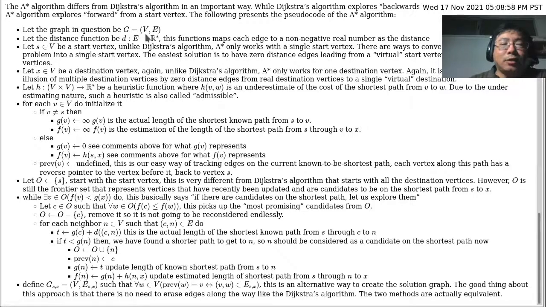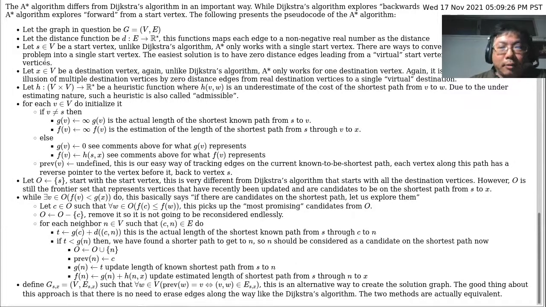And the graph is represented by a set of vertices and a set of edges, okay? Nothing new here. We are also given a function d, which is telling us the distance of an edge. Each item is giving you the distance of an edge. That's not new either, because we have been using the d function in Dijkstra's algorithm as well.